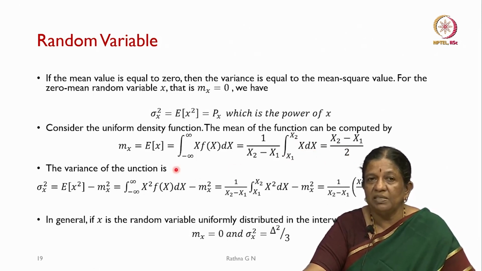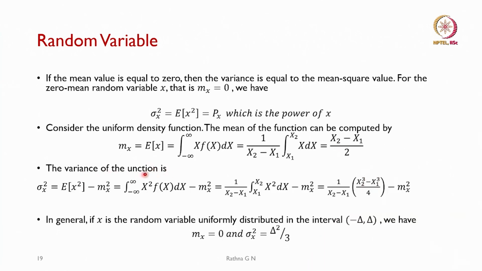The variance of the function is defined as sigma x squared is equal to expected value of x squared minus mx squared. If we substitute the expected value of x squared and simplify, we will get the result.